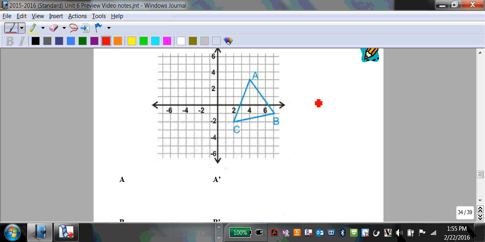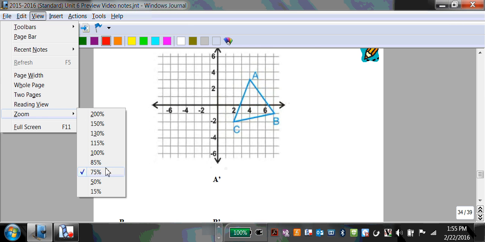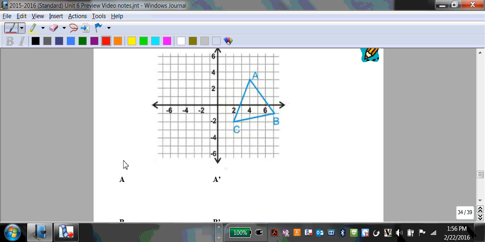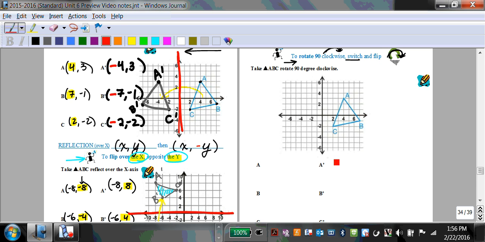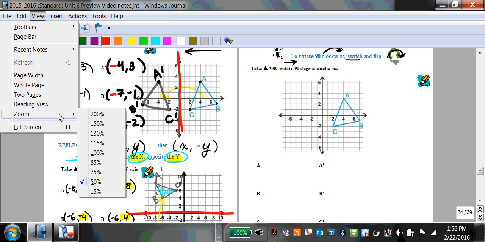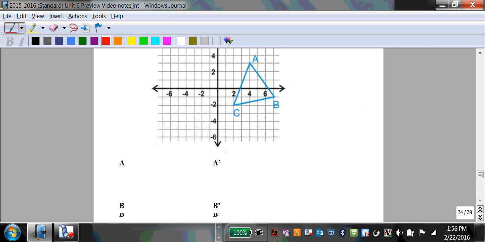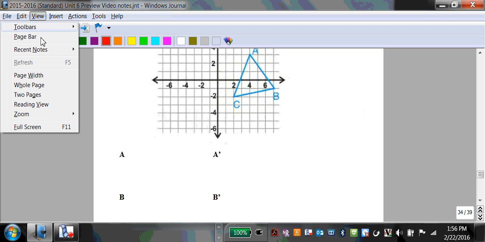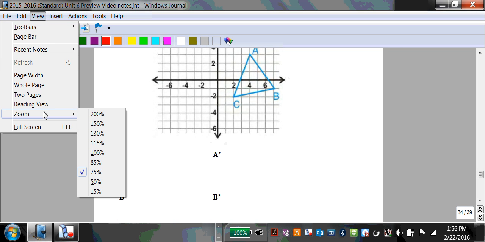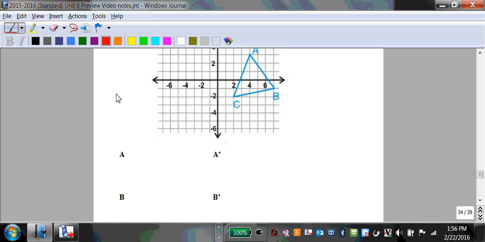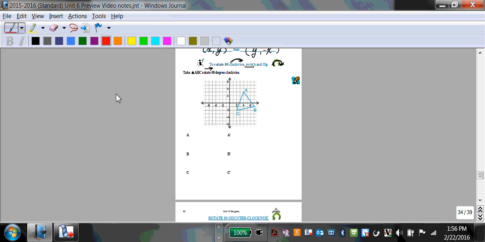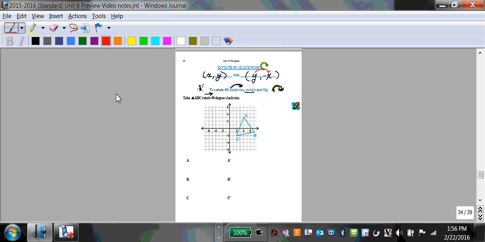Let's get our 3 coordinates first, the same 3 that we've been working with. Start writing those coordinates down for A. Okay, so that is 4, 3, 7, negative 1, 2, negative 2.